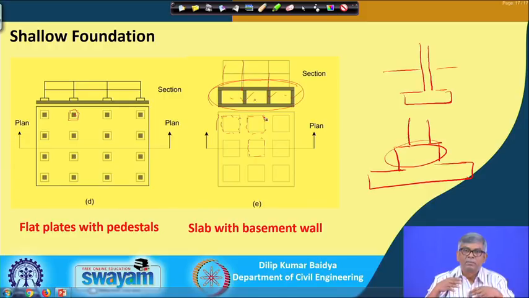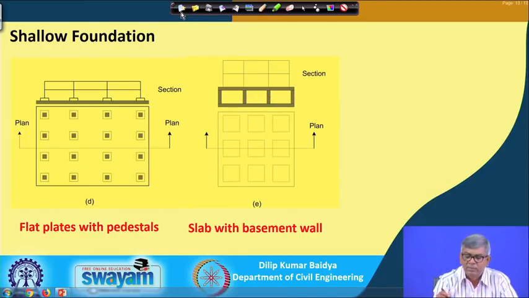When it is a slab connected with beams, first the beam has to be designed, then the slab has to be designed individually. So, there are some procedures. I will not go into detail. This is also one type of shallow foundation, and I am just mentioning that. So, with this, your shallow foundation topic is complete.